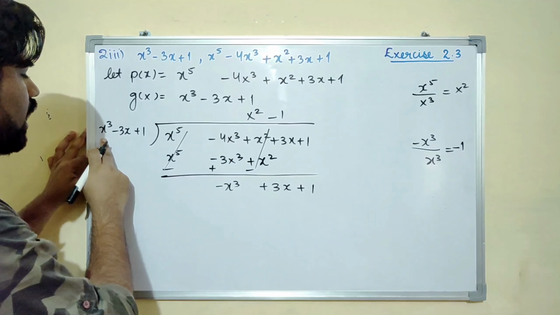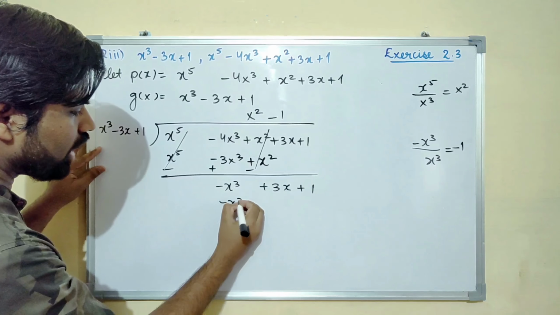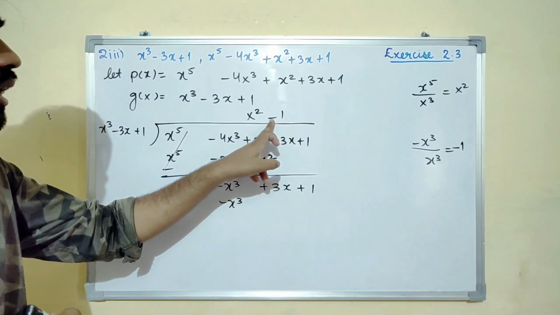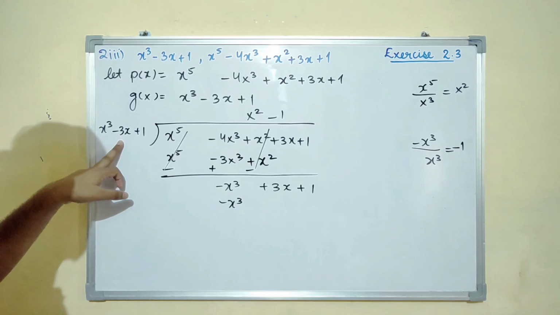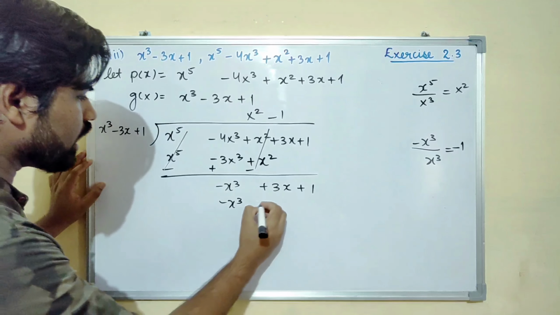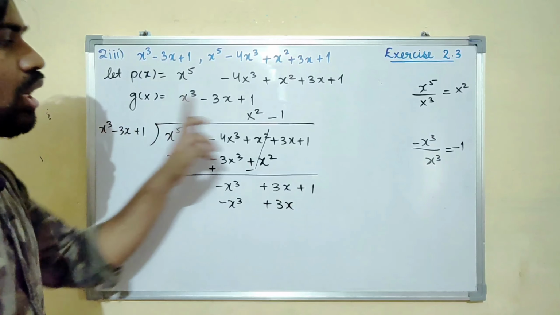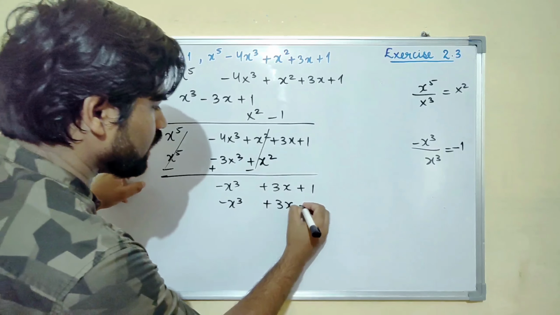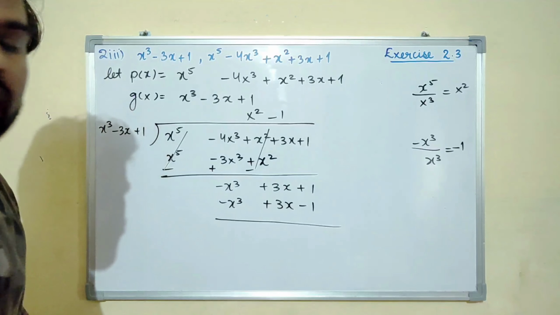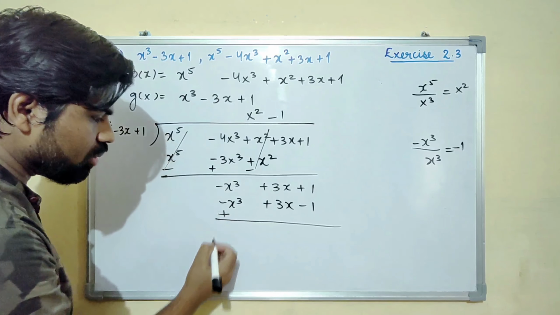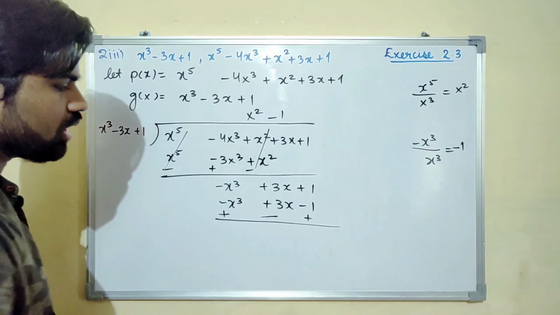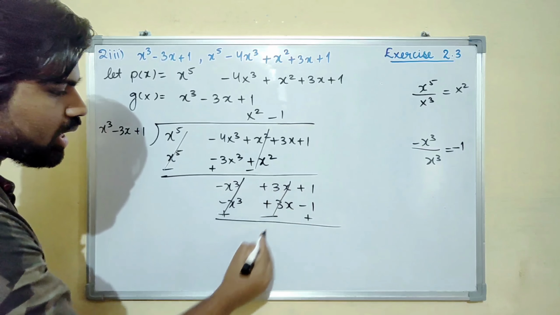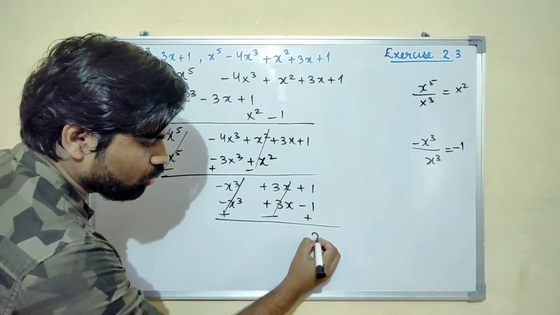So minus 1 multiplied by x cube will be minus x cube, and minus 1 multiplied by minus 3x will be plus 3x. Minus 1 multiplied by plus 1 will be minus 1 here, and let us reverse the signs. It will be plus, minus and plus. This will be cancelled, this will be cancelled. 1 plus 1 will be 2.